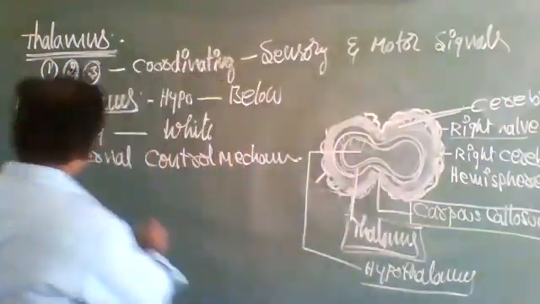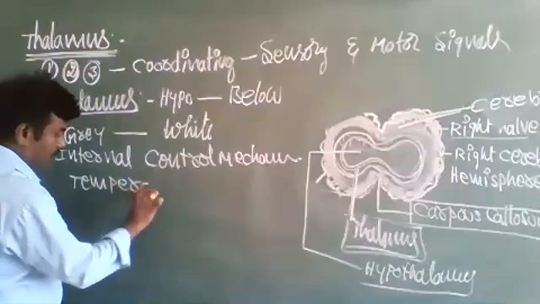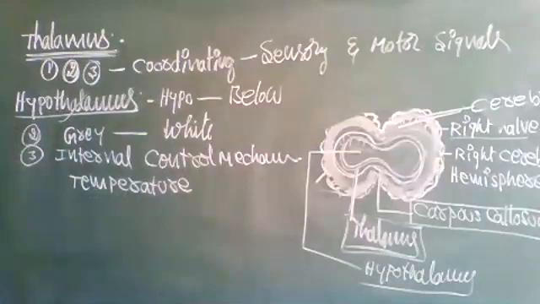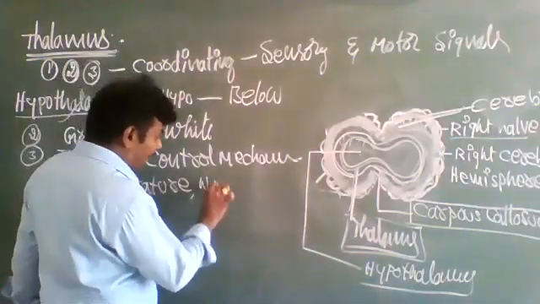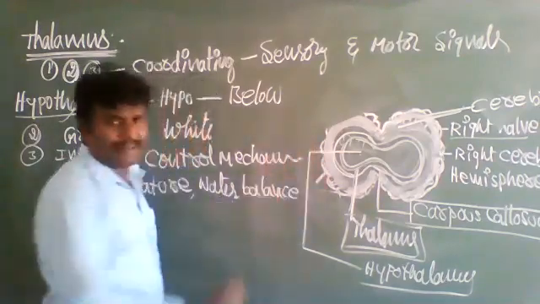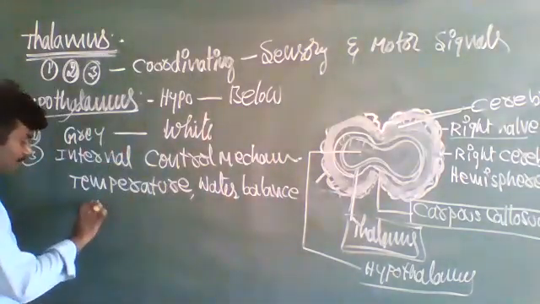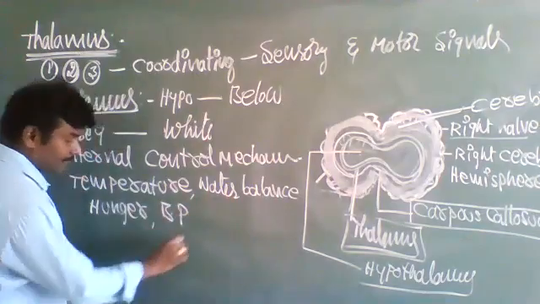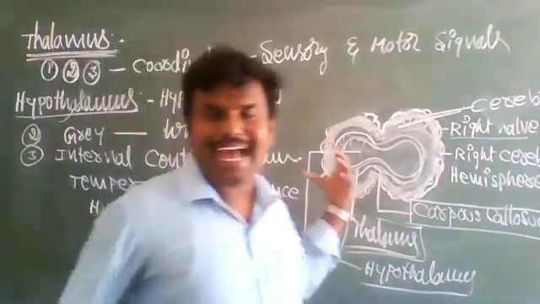Those are mainly temperature regulation, water balance, hunger, blood pressure, etc. These are all the activities regulated by hypothalamus.